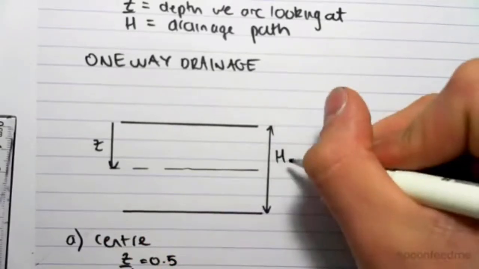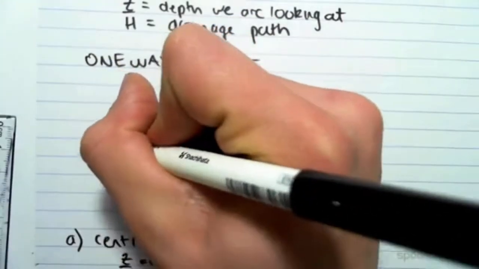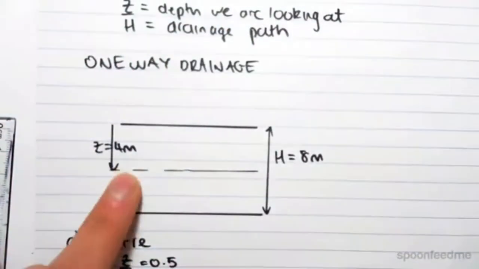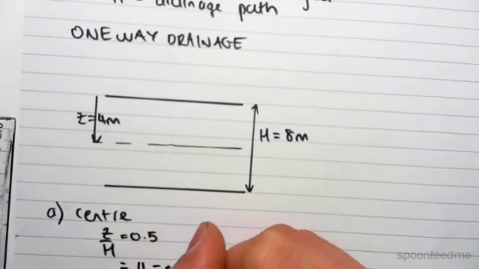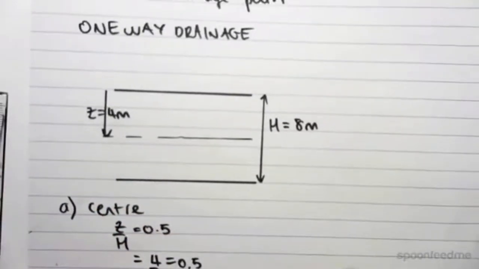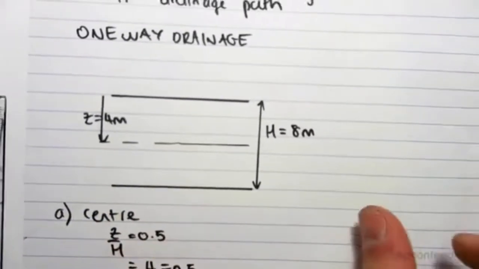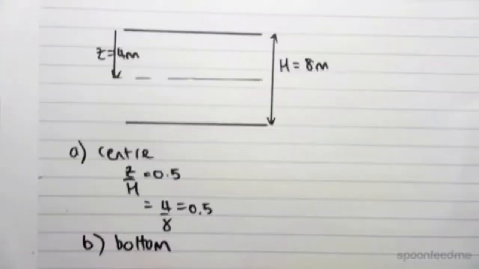I can show you this with numbers. Say H was 8 meters, and that means that Z would be 4 meters to the center of the layer. The Z on H would be 4 on 8, which is 0.5. So if you're ever confused, you can always just make up some numbers to see what's going on. Let's say we were looking at a point which is at the bottom of our layer.